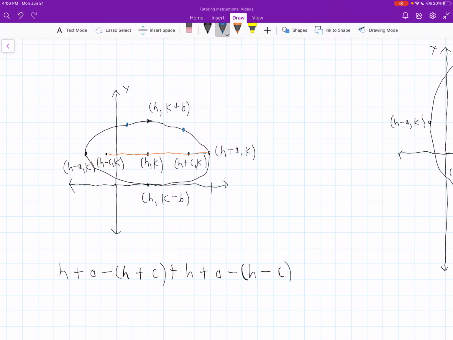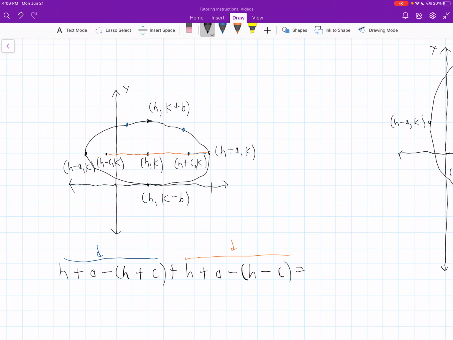So as a rehash, this is my blue distance from (h plus a, k) to the first focus point. This is my distance from (h plus a, k) to the other focus point. And I want to take the sum of these two distances to get a number, or a letter. In the concrete cases it will be a number.